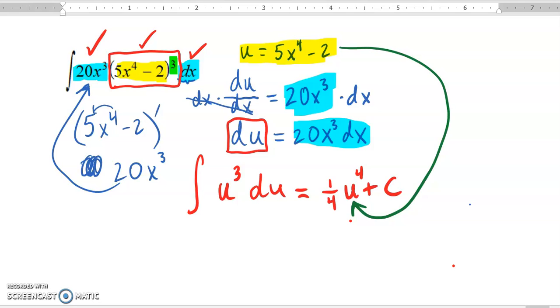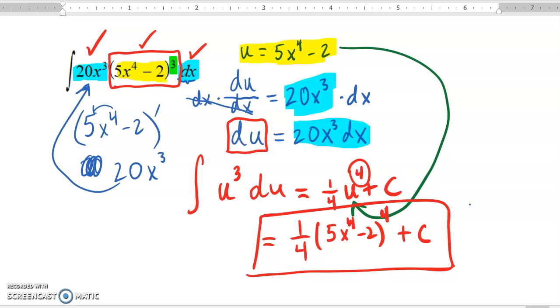So my final answer is going to be 1/4 times 5x to the fourth minus 2, to the power of 4, plus C. And then I'm done.